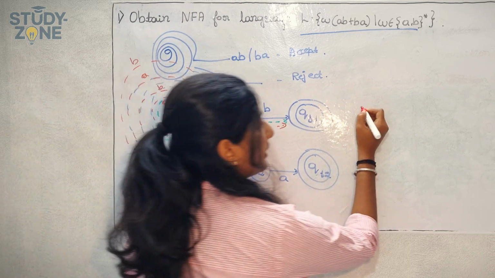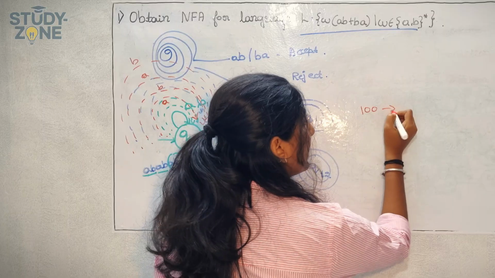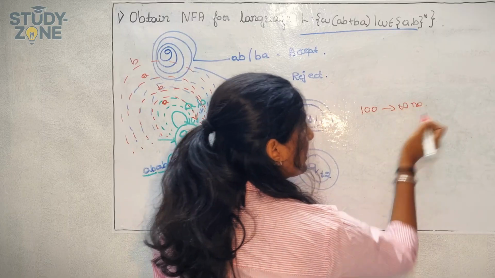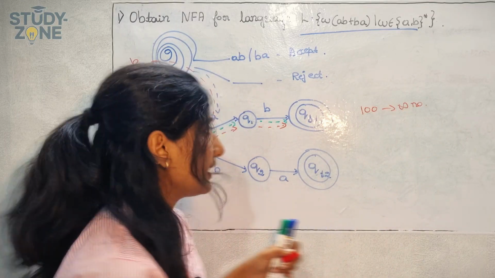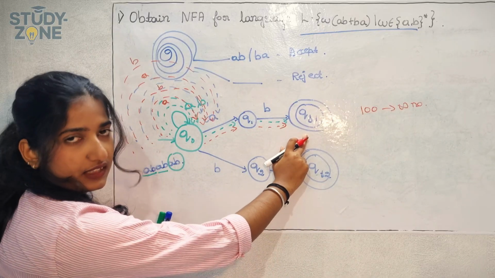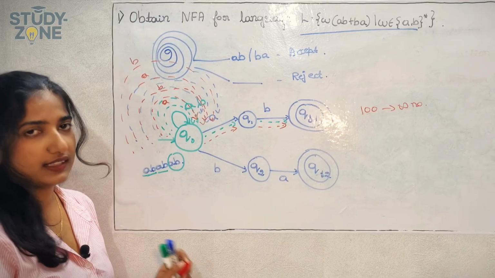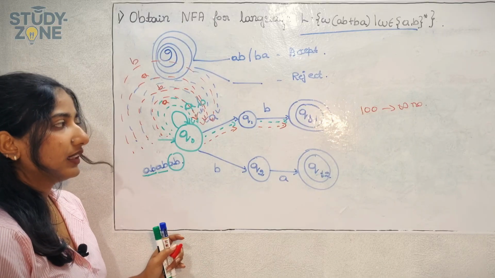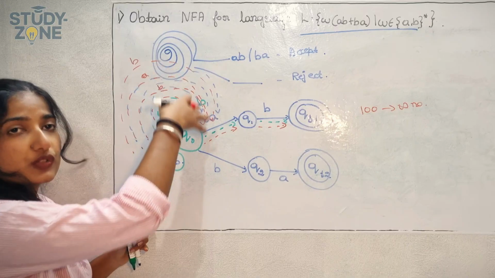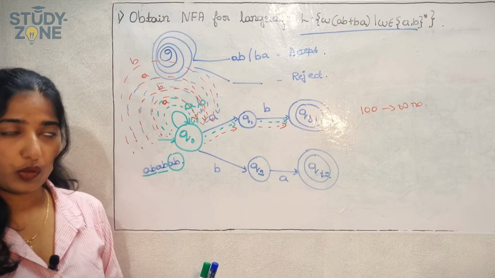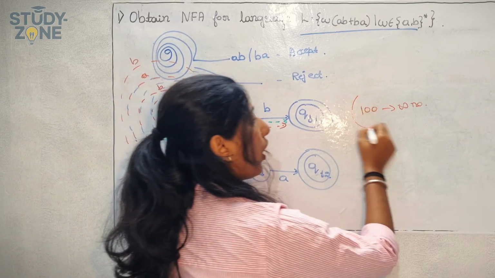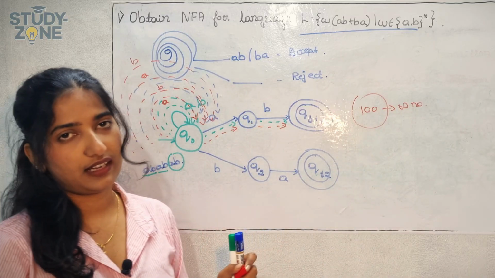So be clear with this, it can take 100 or infinity number of guesses, but if any one of the guesses takes us to the final destination, then the whole string will get accepted, okay. That's it. So you might think that, oh, this might take lots of time for it to guess. No, it will do all these guesses in a single time, okay.